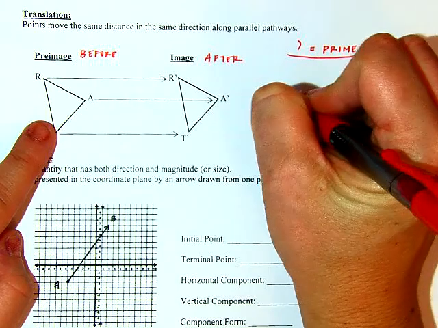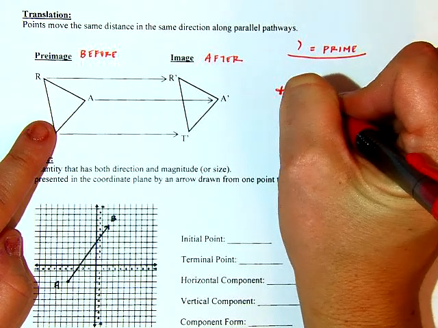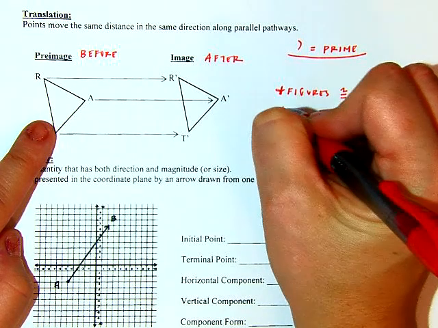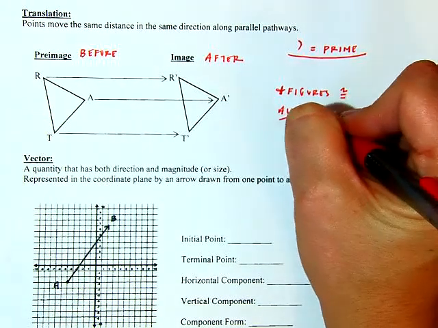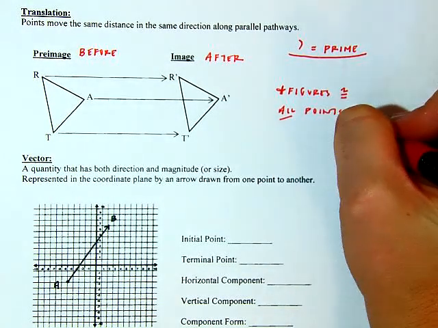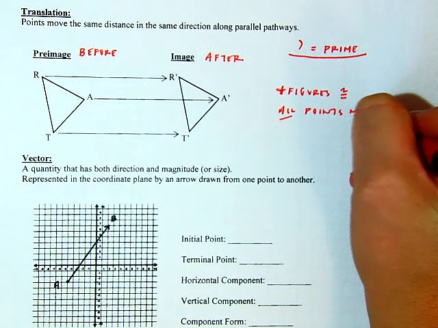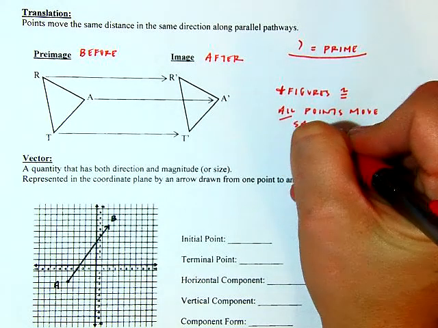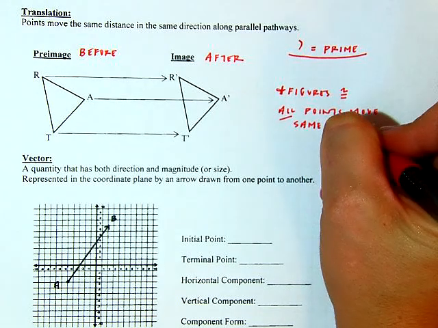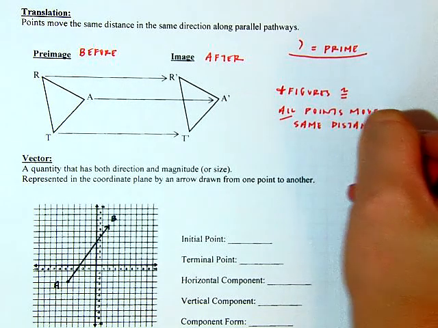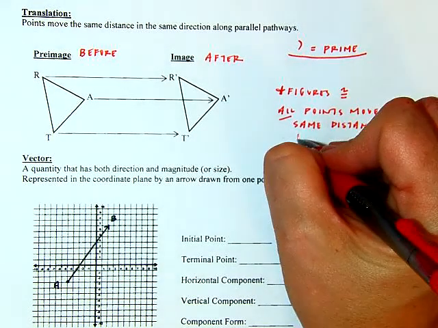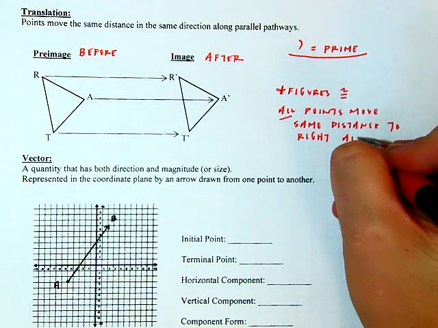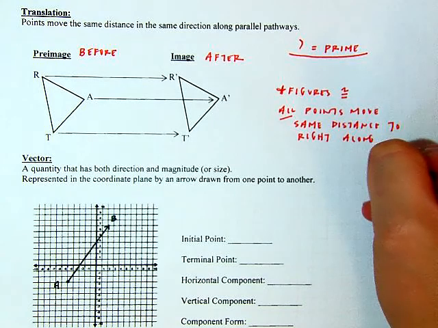Let me write that here. And it looks like all of our points move the same distance to the right, so they're in the same direction, along parallel pathways.